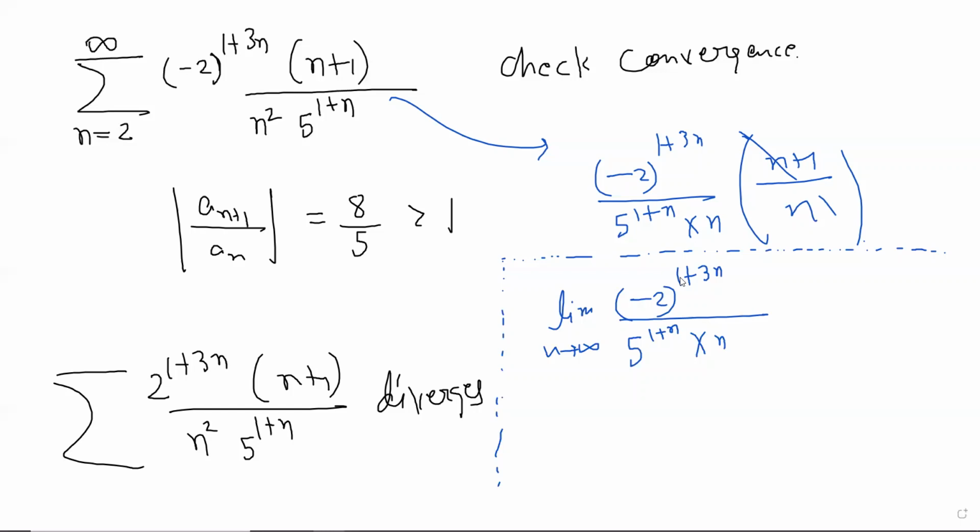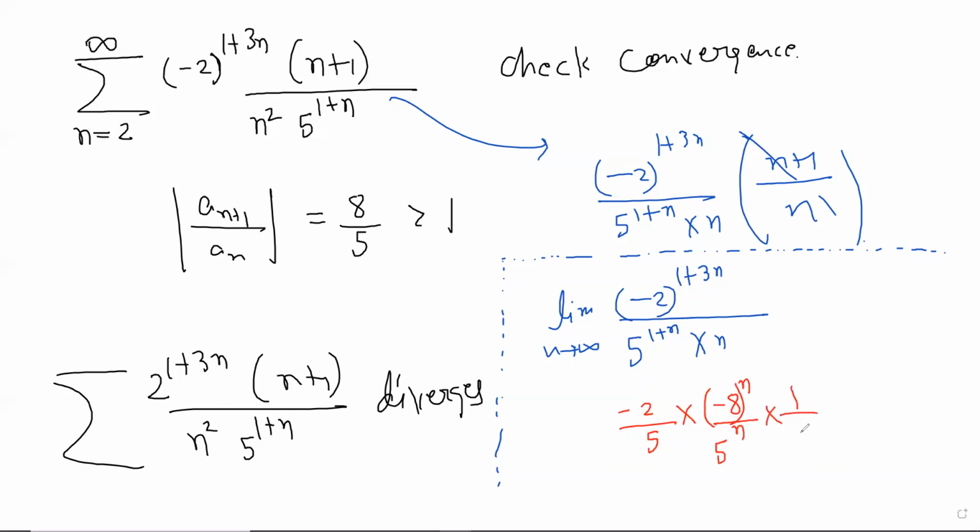If you convert all that, you can rewrite it as minus 2 by 5, minus 8 power n, whole thing power n, divided by 5 power n, into 1 by n.